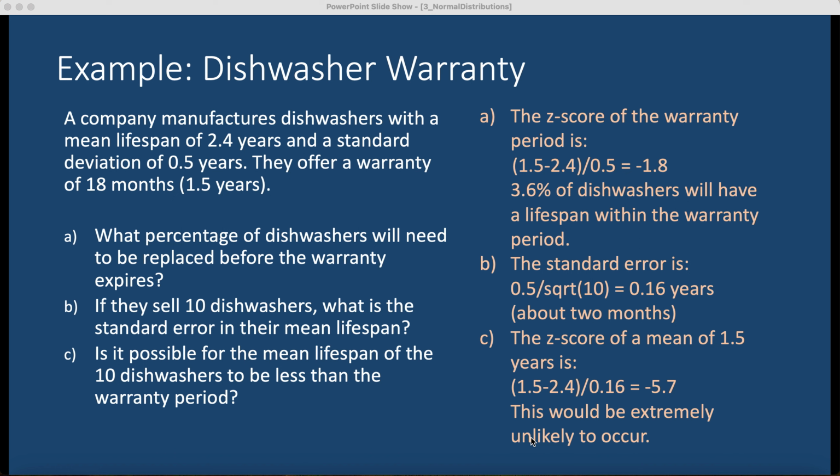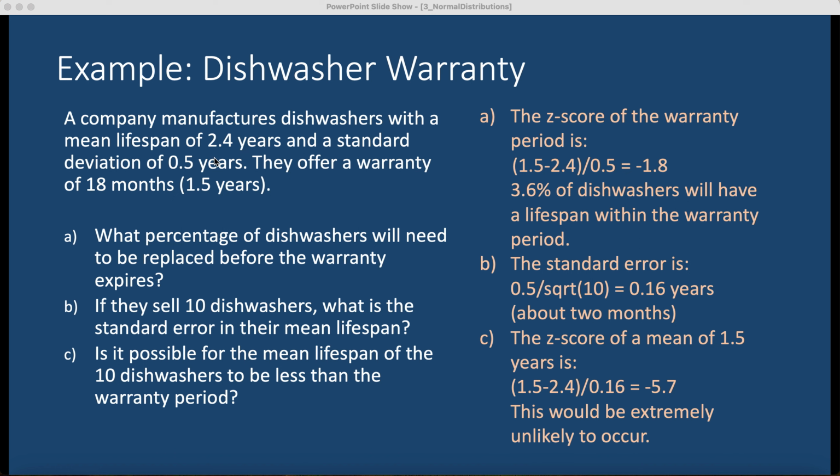Dishwashers have warranties. In this particular case, the average lifespan, the mean lifespan of a dishwasher is 2.4 years. So that's the population mean. And the standard deviation in that population is 0.5 years. So if we assume that this is normally distributed, if I add 0.5 and subtract 0.5 to this 2.4, that gives me a range of 1.9 to 2.9.